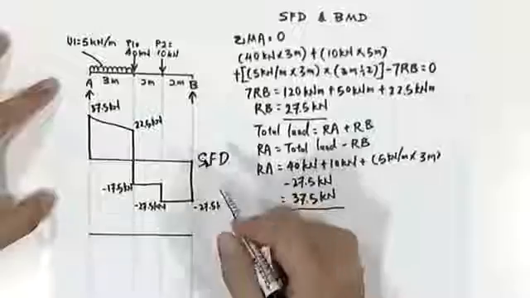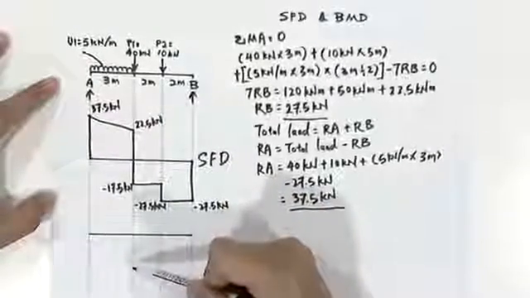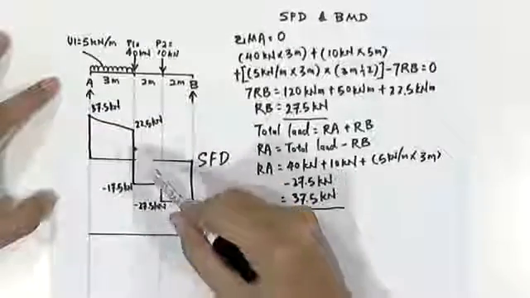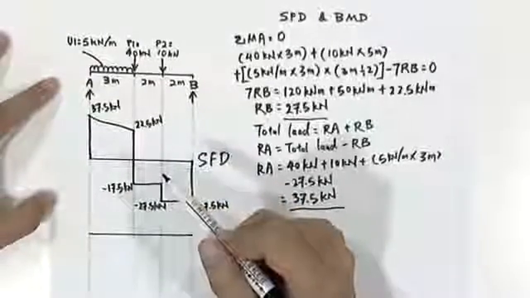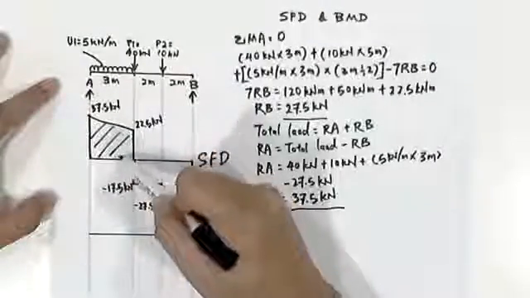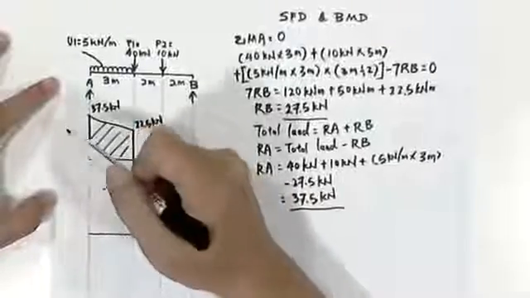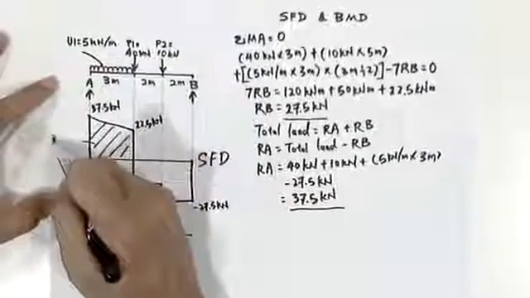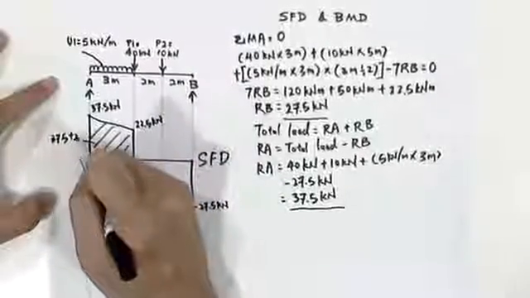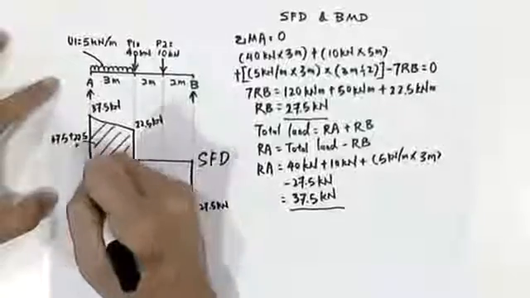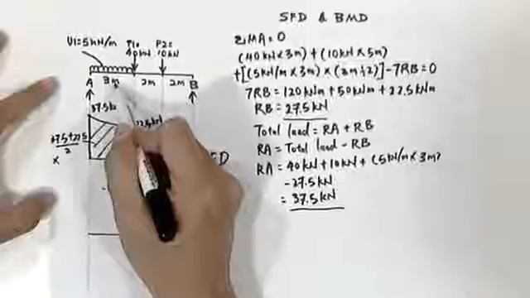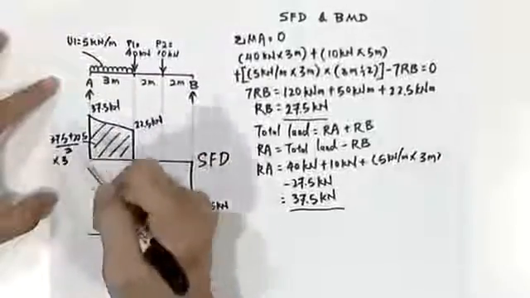As we know, the value of the bending moment is basically the same as the area in our shear force diagram. Let us try to calculate the area for this zone, which is 37.5 plus 22.5 divided by 2, then times the span 3.